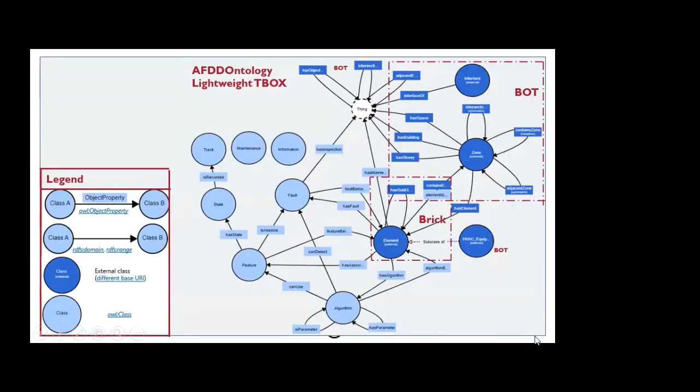Okay, so this is BOT. Basically, this is the upper level ontology that I'm using for BIM. It allows me to capture information such as zone and interfaces, for example if an HVAC is contained in a zone, and the type of object properties between the concepts.